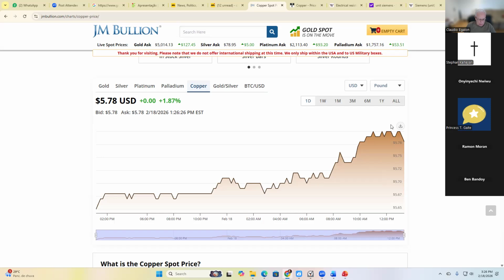1 pound is approximately 500 grams. Not exactly, right? It's a little bit more than that. Maybe 550 divided by 31 grams. That's 1 troy ounce. So we are talking about 17 times. So this value that you have right now must be divided by 17.7.